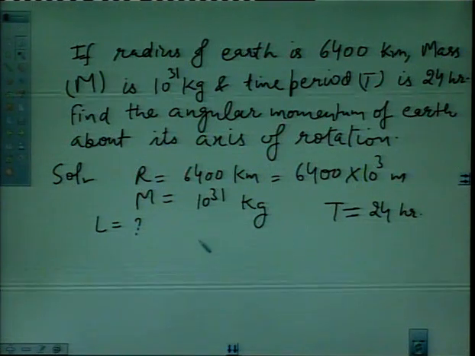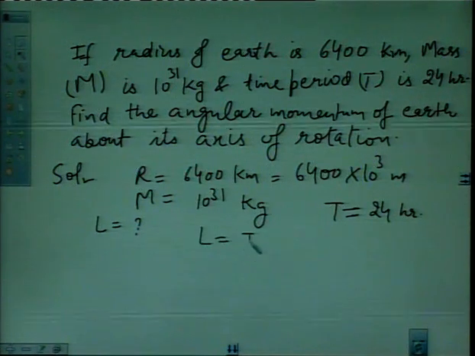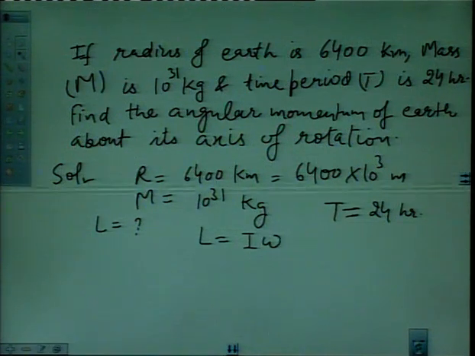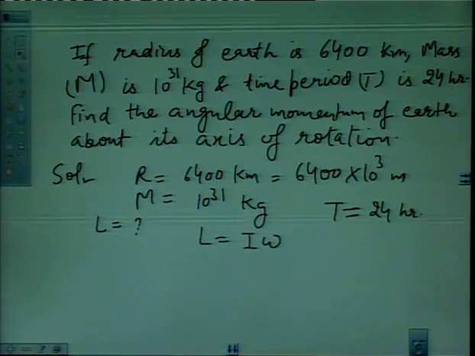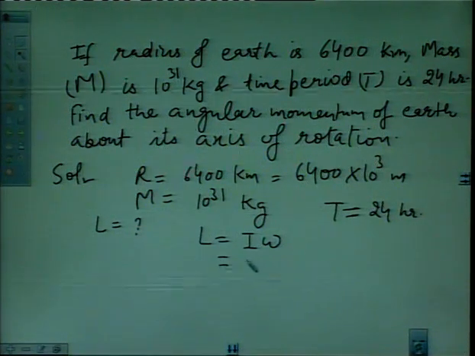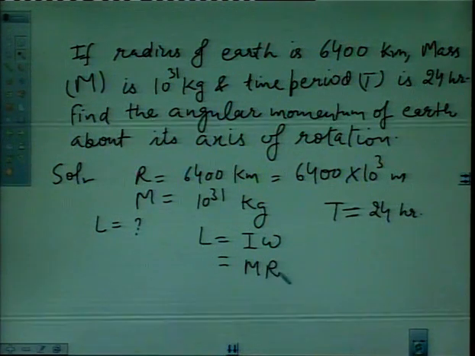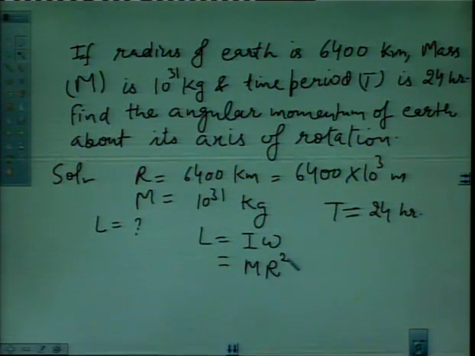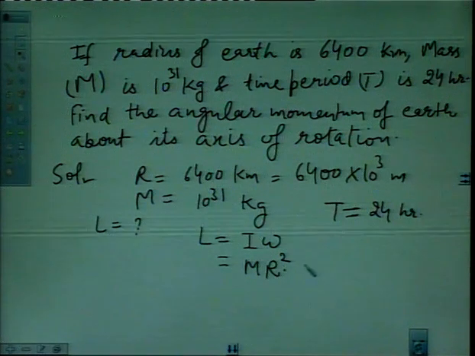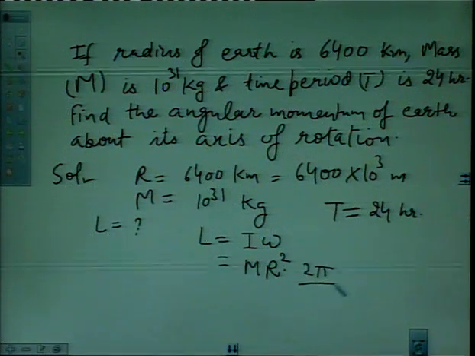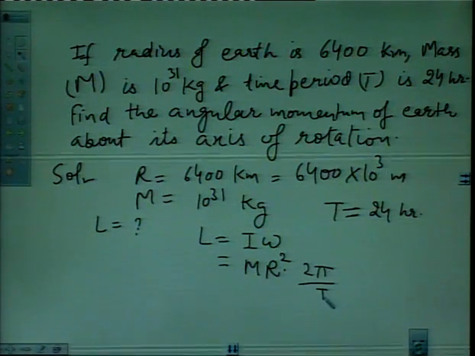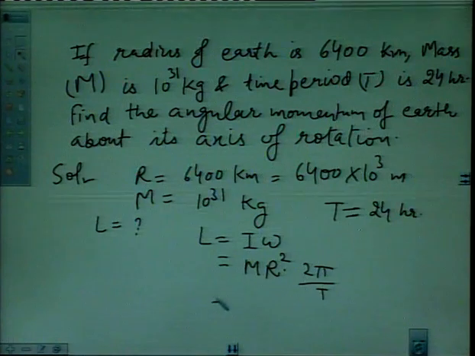We know that L is equal to I into omega, where I is the moment of inertia of earth and omega is its angular velocity. Now, I is equal to m into r square, mass into radius square, and omega is equal to 2 pi upon T. T is the time period of rotation of earth about its own axis.